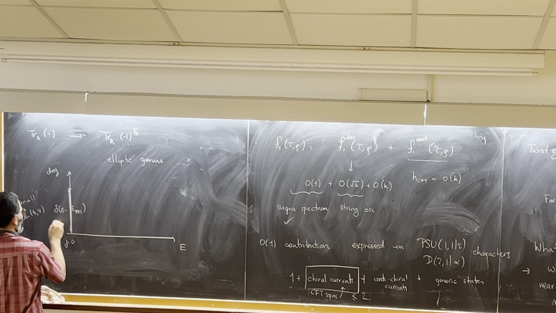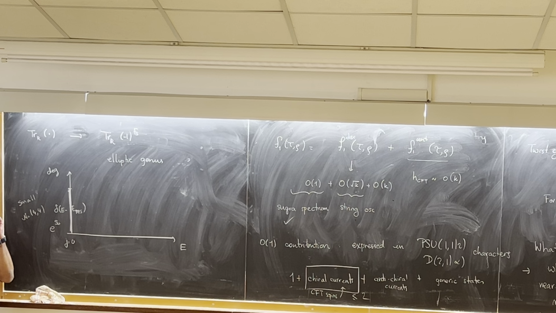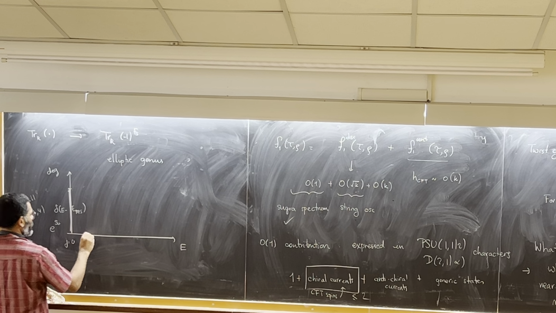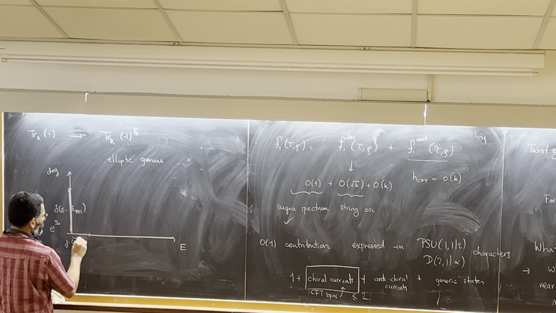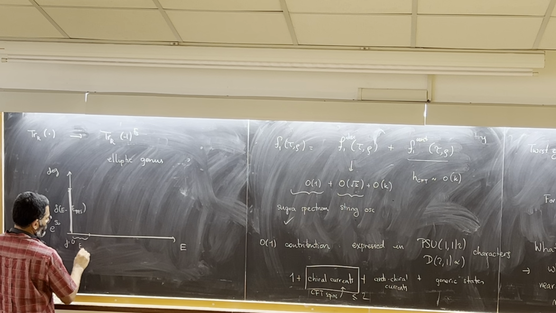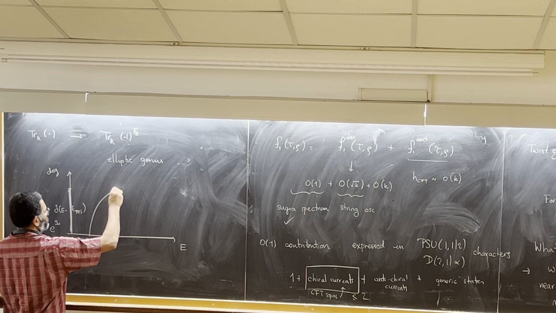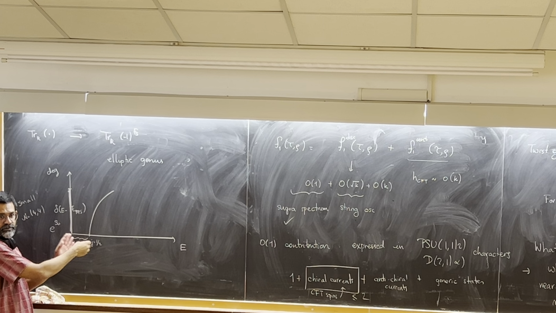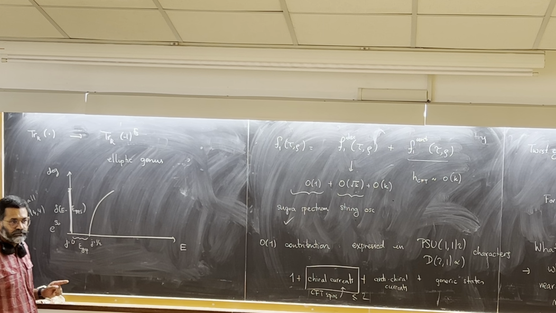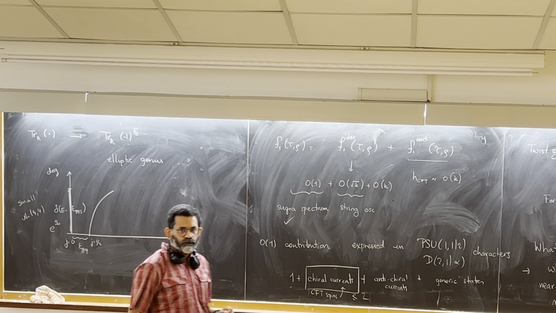And there's an exponentially large number of them. That's what's called the index. And then there's a gap, and this gap starts out with a continuum, and how much the gap is depends on what the R charge is.